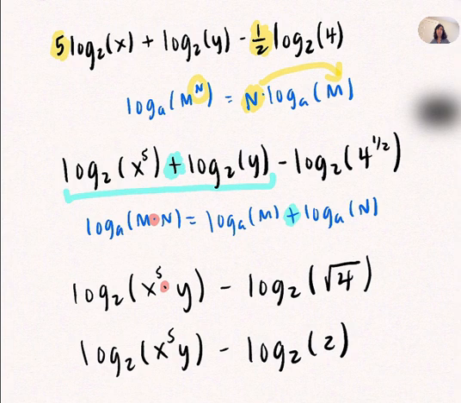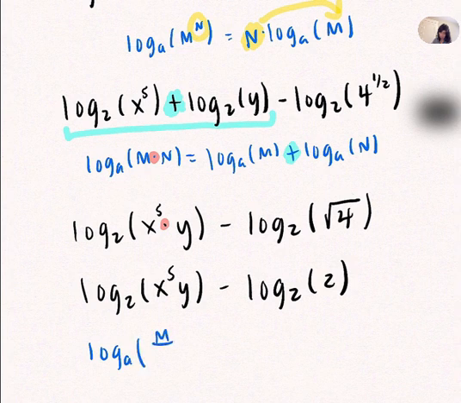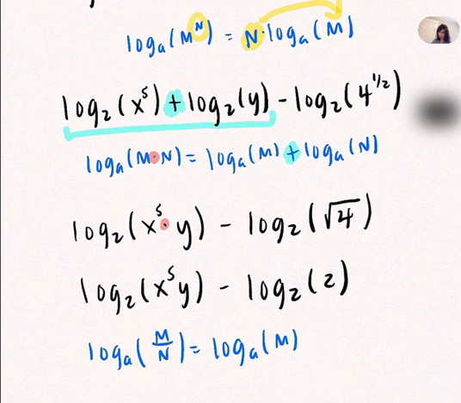Okay, now we still have a little work to do. The idea here is that we're simplifying by combining this into a single log. So at this point, we still have two logs. But we have a third rule that says that if you have log base a of m divided by n, that's equal to log base a of m minus log base a of n.